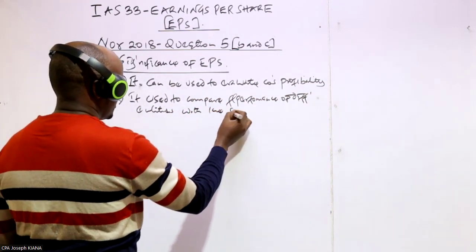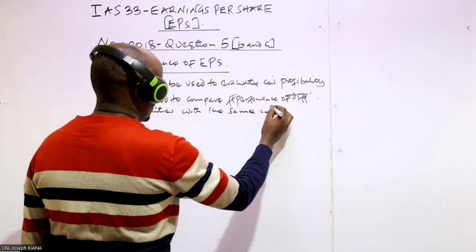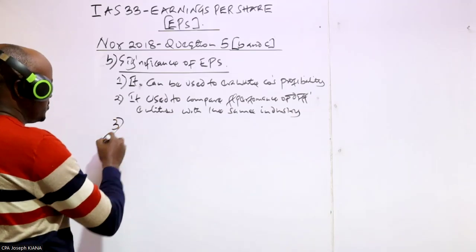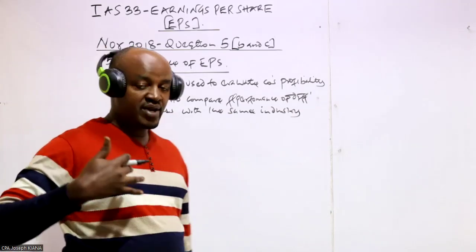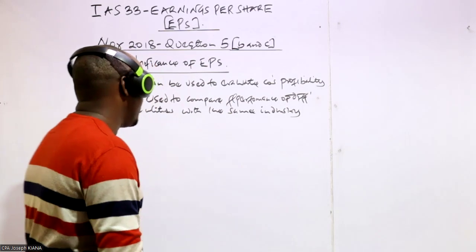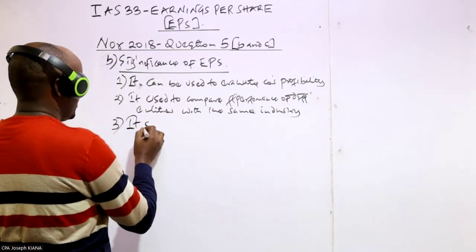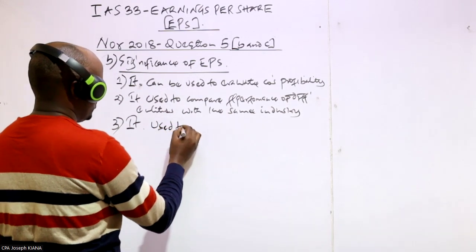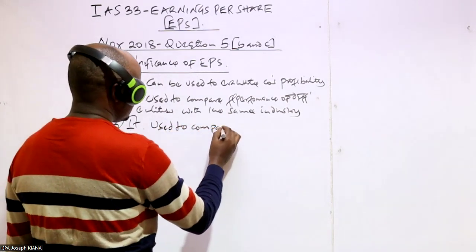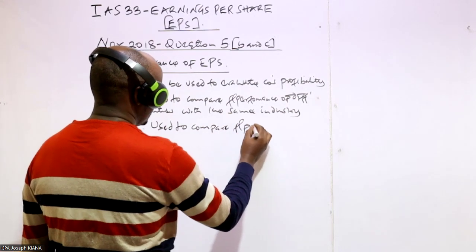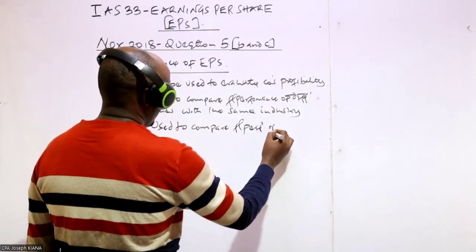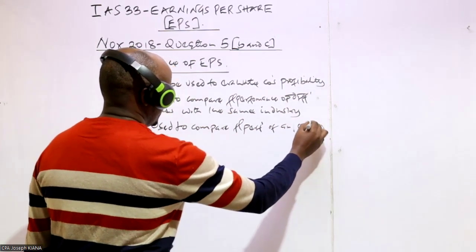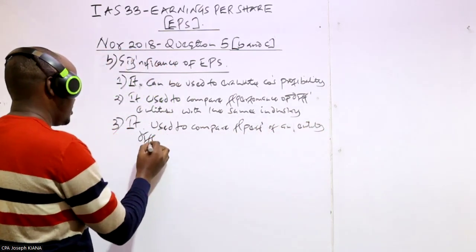So that means the shareholders can use earnings per share to compare performance of different companies within the same industry. And number three, it is used to compare financial performance of an entity in different years.